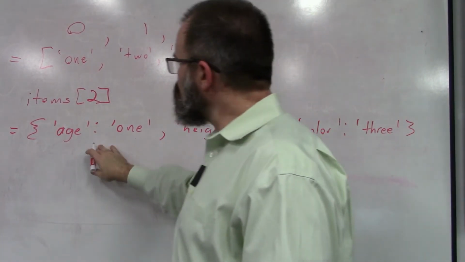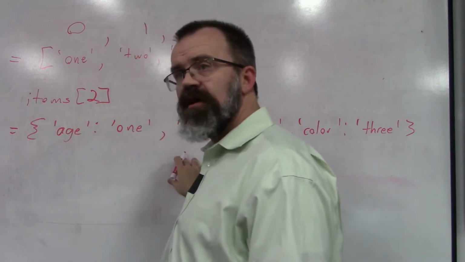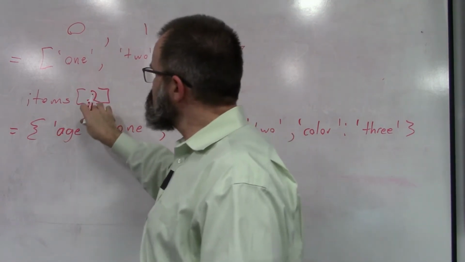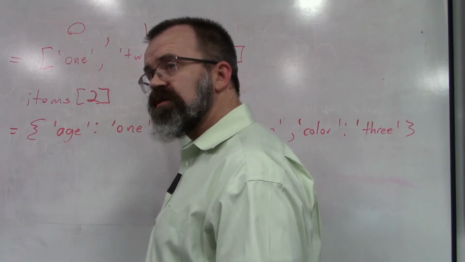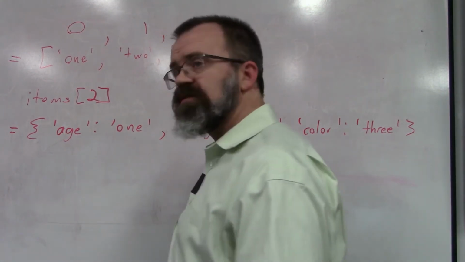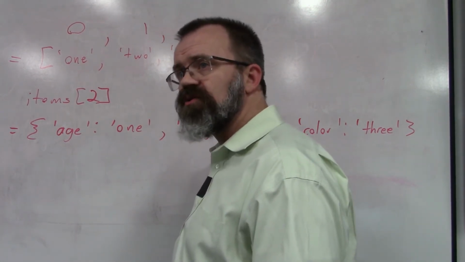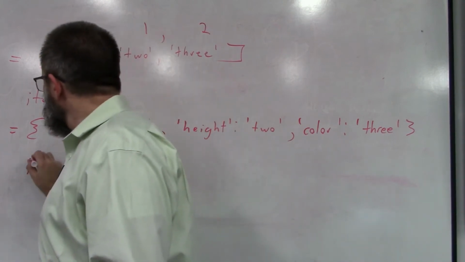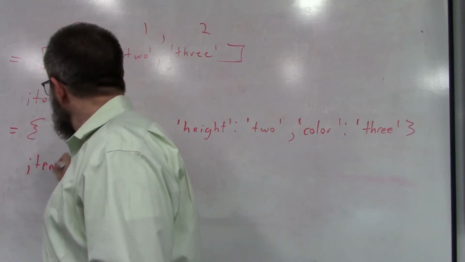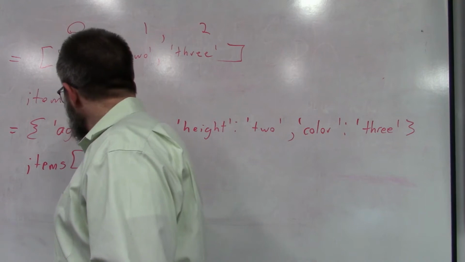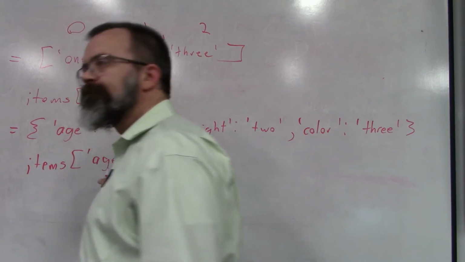So when you reference these here, instead of referencing them by their index, because there are no indexes in a dictionary due to the way that it is stored, you would say something like items age. Okay?